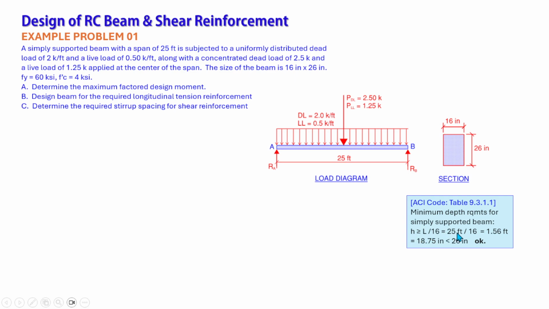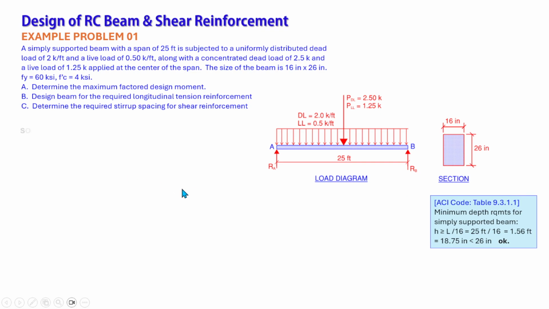So if we have a 25 feet span over 16, that would give us 1.5625 feet, or equal to 18.75 inches, which is less than the 26 inch deep beam that we have assumed. So let's get started with the solution.